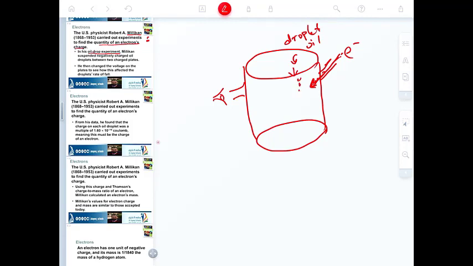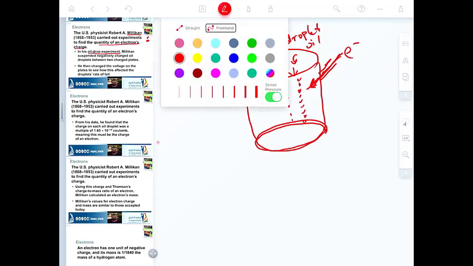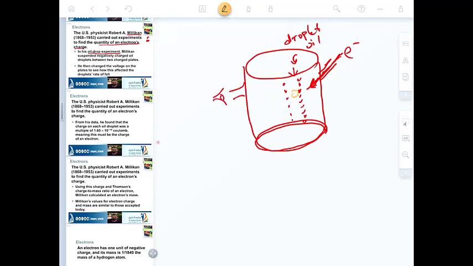When the droplets are falling down here, they move by the effect of gravity toward the bottom. By allowing the electrons here, they hit these drops. Some of these drops carry negative charge. Now, not all of them, but some of them.